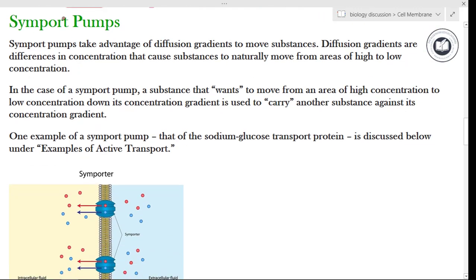Now let's see symport pumps. Symport pumps take advantage of diffusion gradients to move substances.